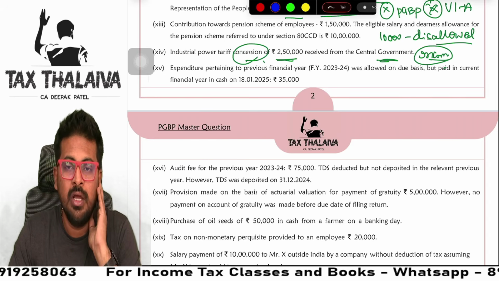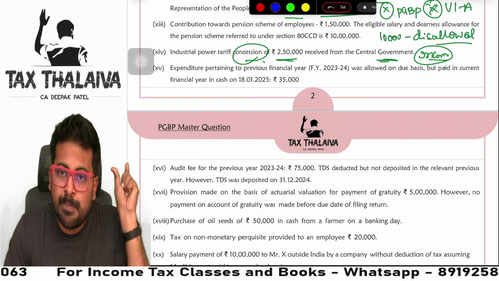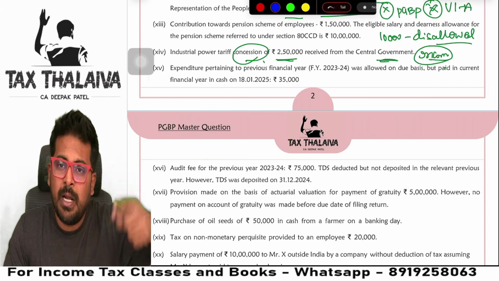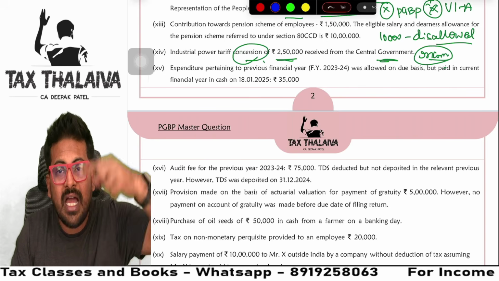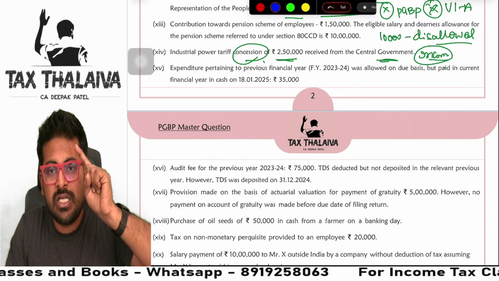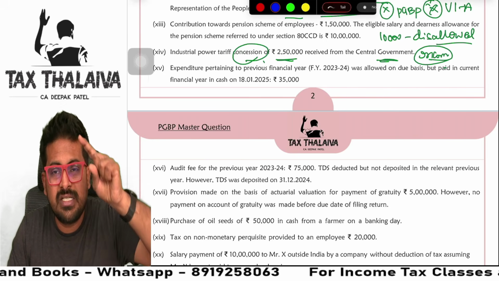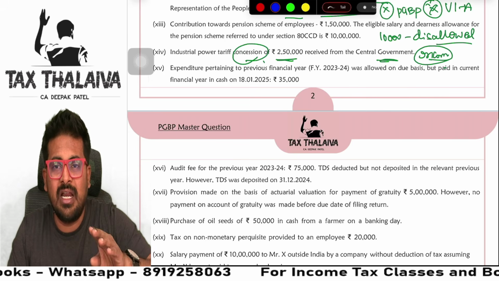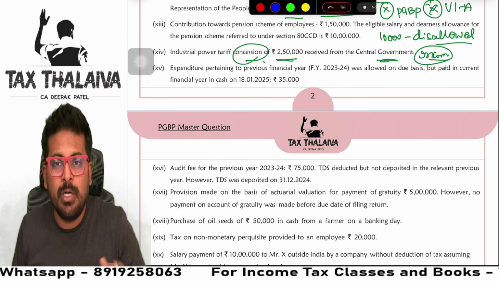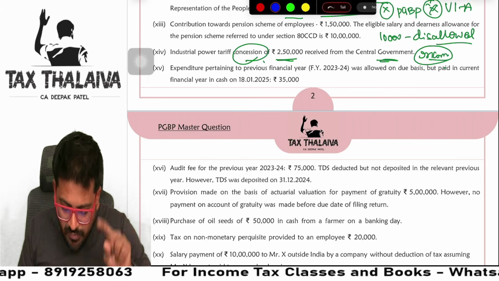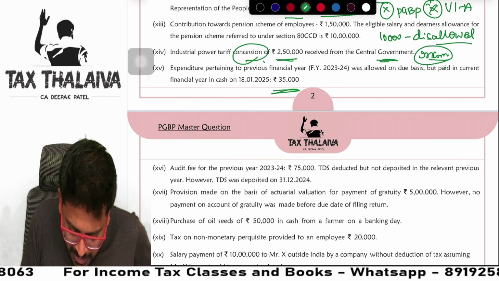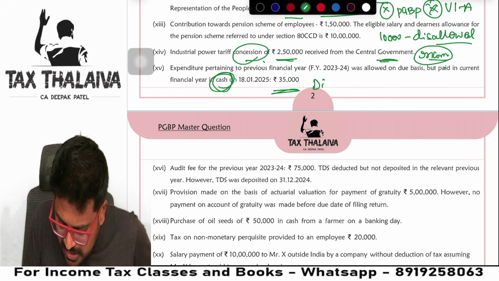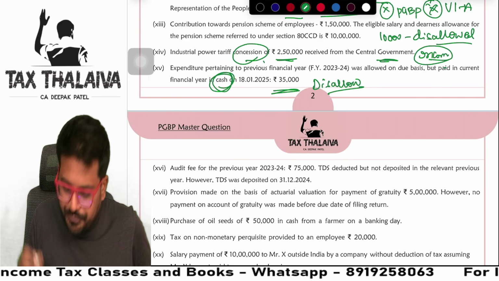You already claimed, but payment is to be done now because that is payable. Now this year when you made payment, you made it other than in the prescribed modes. Any expenditure for payment if you do other than prescribed modes, 40A(3) will trigger, and that will tell that if you make payment more than 10,000 in cash, I will disallow. So 35,000 you made, which is paid in current year in cash, so disallow this expenditure.